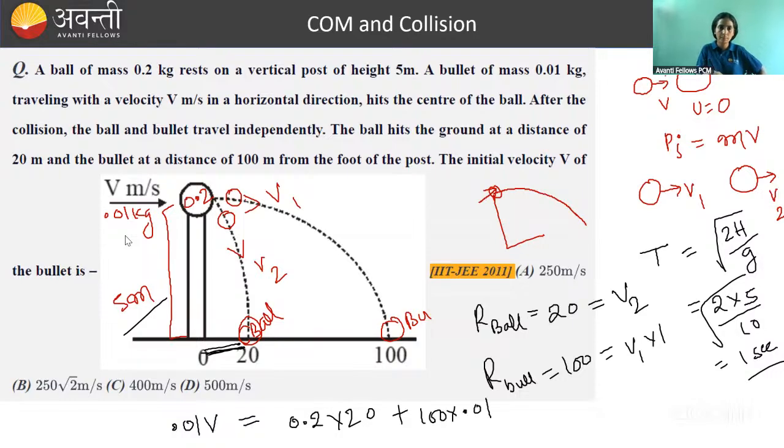Have I written it correctly? Check once. So this will become 2 into 2, 4. This will become 1. 4 plus 1, 5. So 0.01 v is equal to 5. So v will be 500. So the correct answer will be which one? It will be D, 500 meter per second.